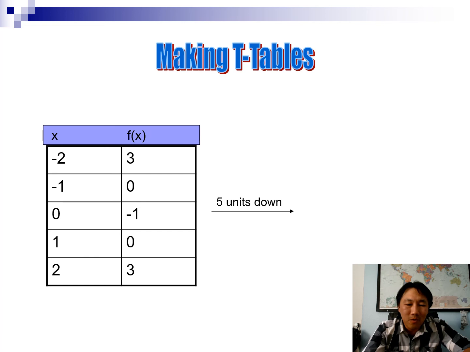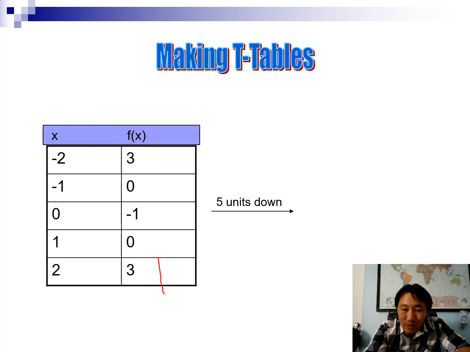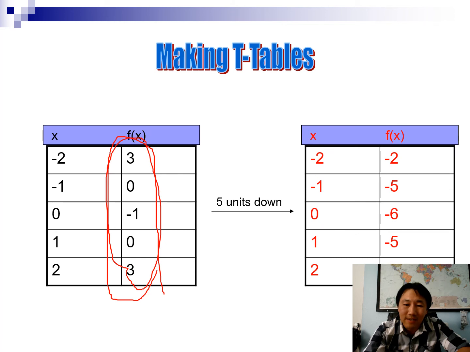How do we move this graph 5 units down, what do you think you have to do? 5 units down, that's in the y direction. So you're only going to fix the y's by subtracting 5 from each of those numbers. There it is.